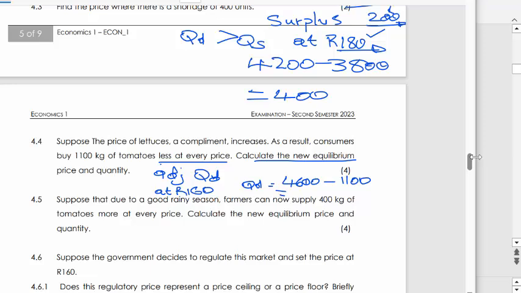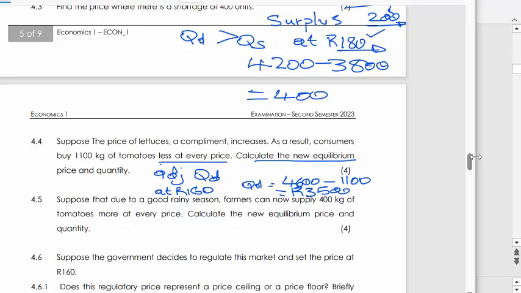So 4.6 minus 1.1 gives 3.5. Remember, we are being practical about our calculations. So the equilibrium price now is equal to 160. The new equilibrium quantity will be 3,500.